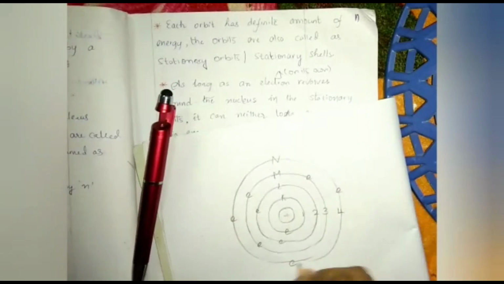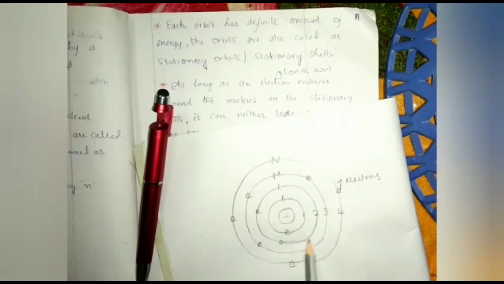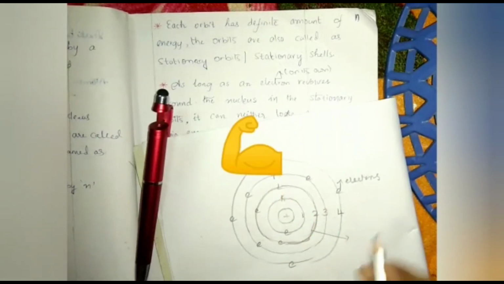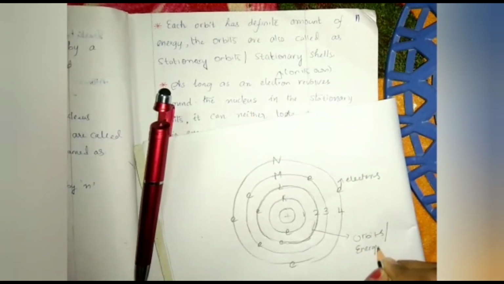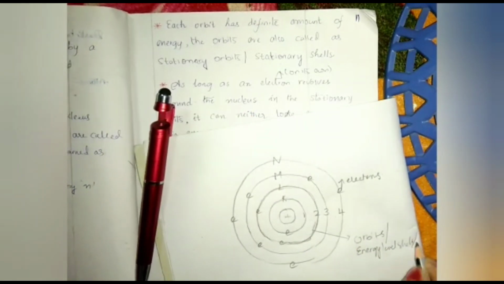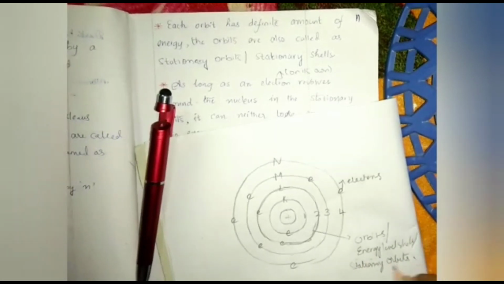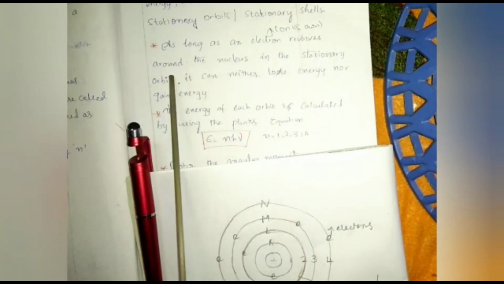Why stationary orbits? Because each orbit, each circular path, has a definite amount of energy. So they are also called stationary orbits. From these two points we got the circular paths called orbits, energy shells or stationary orbits.